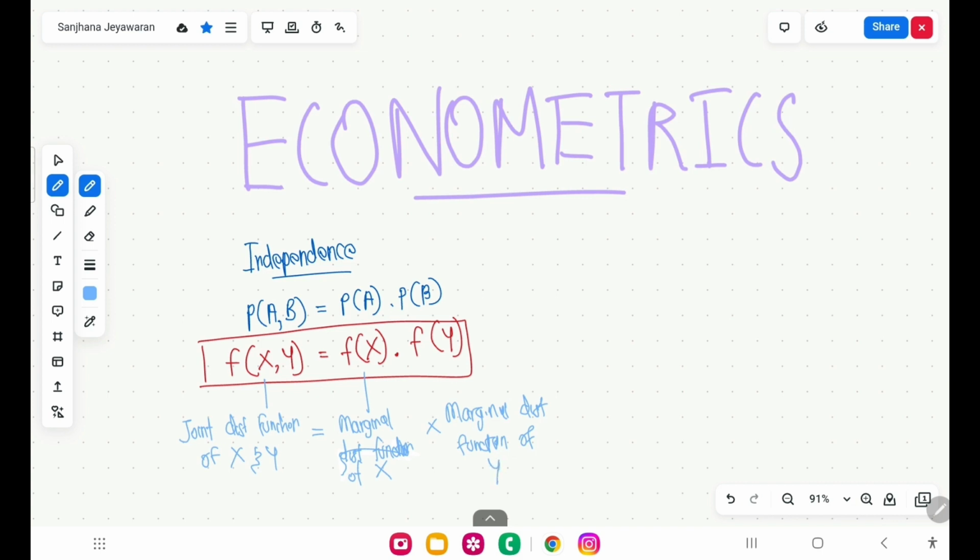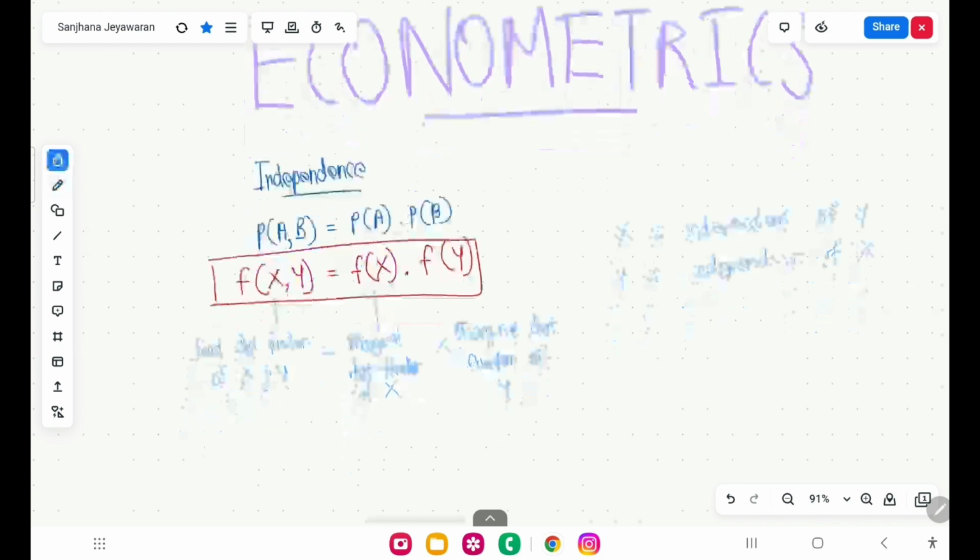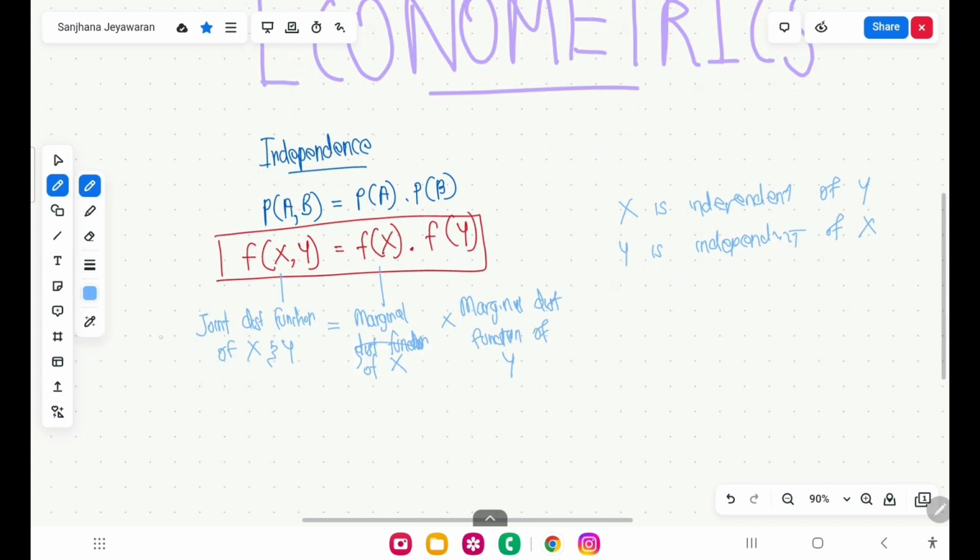Hereby we can say that x is independent of y. Likewise, the converse is also true: y is independent of x, which we can write as the function of y comma x is equal to the function of y times the function of x.